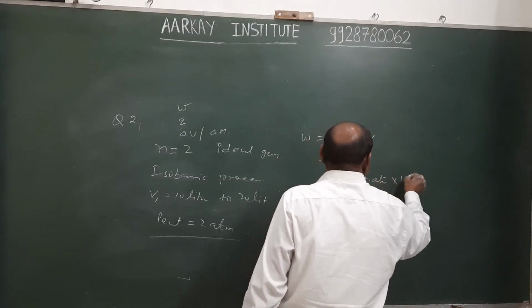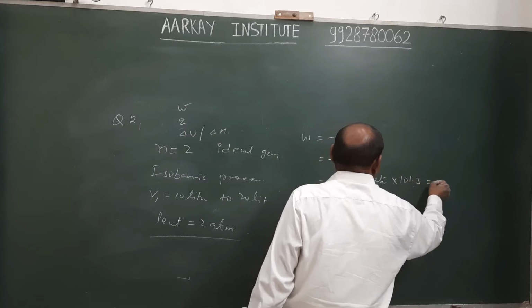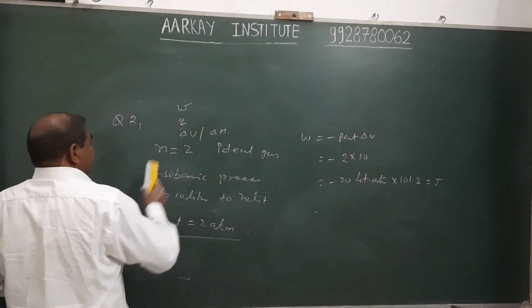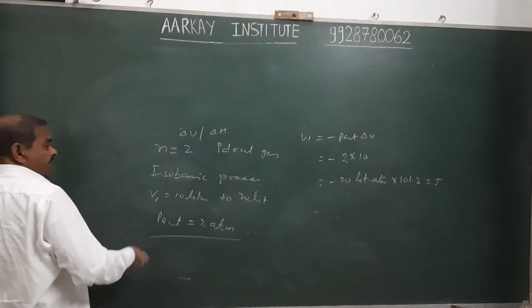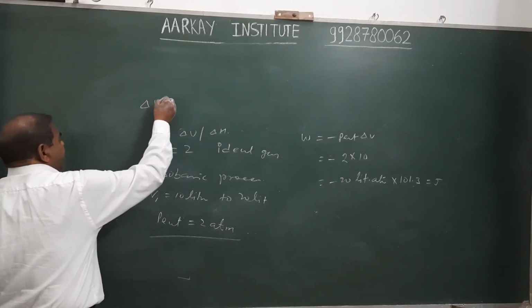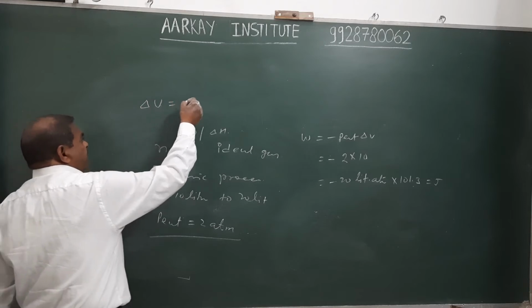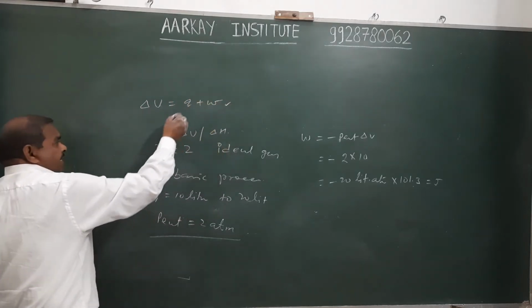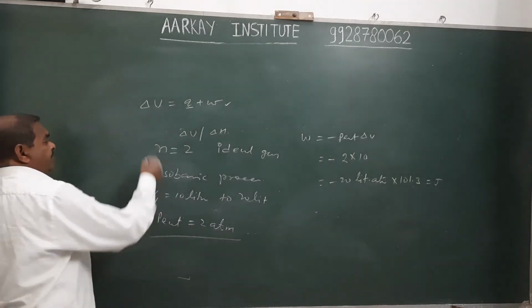To find the value in joules, multiply by 101.3, then this is the work in joules. Now we calculate the change in internal energy. Change in internal energy equals Q plus W. We find W and then we calculate Q.